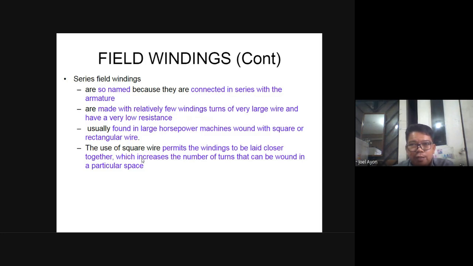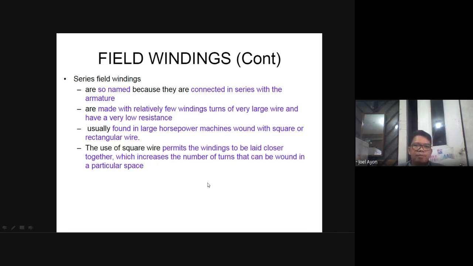It's very impractical to keep pushing. Although some motorcycles have a manual crank, they also have a starter motor. You just press the push button, then it starts. So the starter motor is very important, and it is one of the examples of the series field windings or series motor.